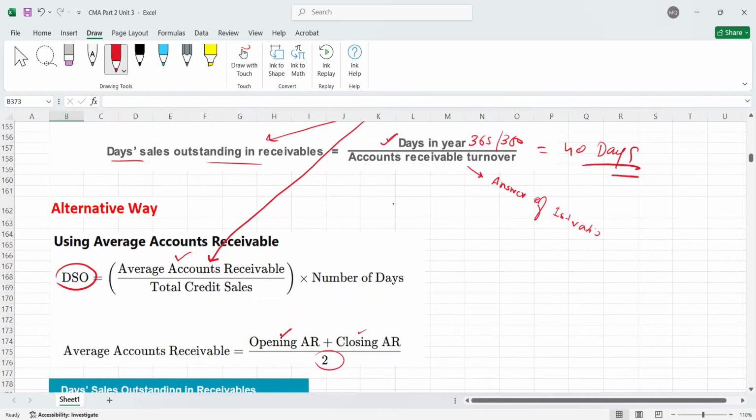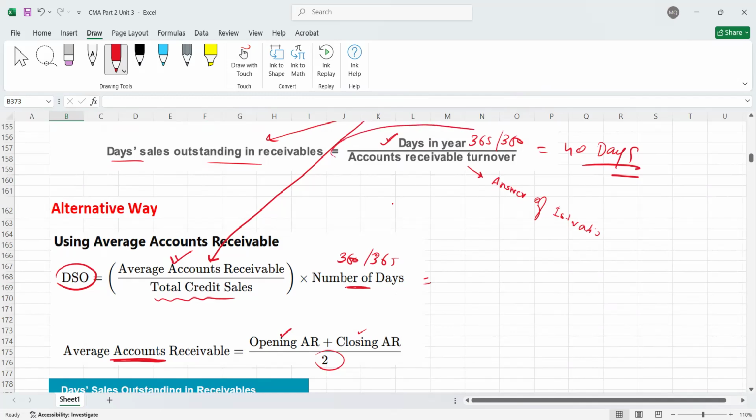Once you have this average as a numerator, divide by the total credit sales. Again, if total credit sales are not given specifically, use net sales as total credit sales. Multiply by number of days, which could be 360 or 365 days in a year, whatever is given. So you will get the answer in days.